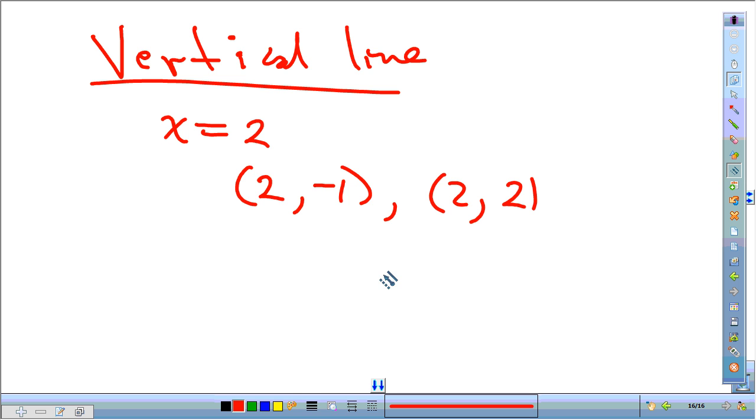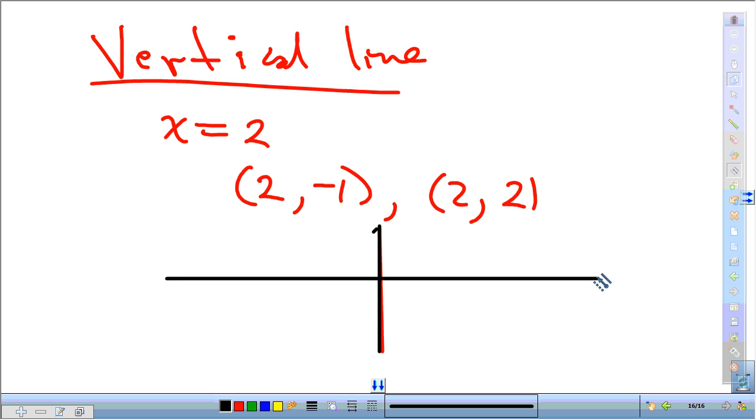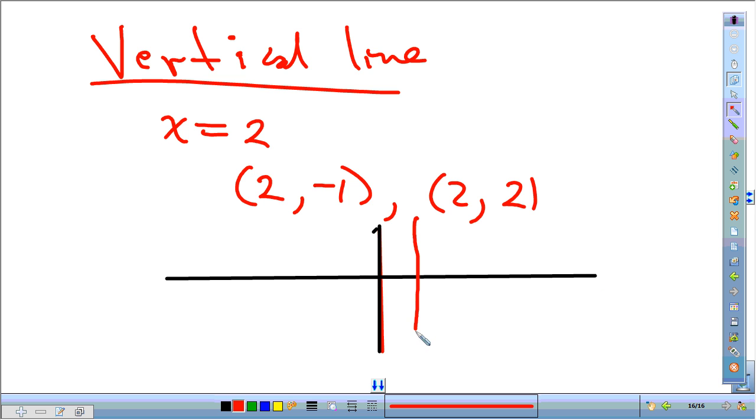And so a vertical line, so all the x values are 2, and I move along.